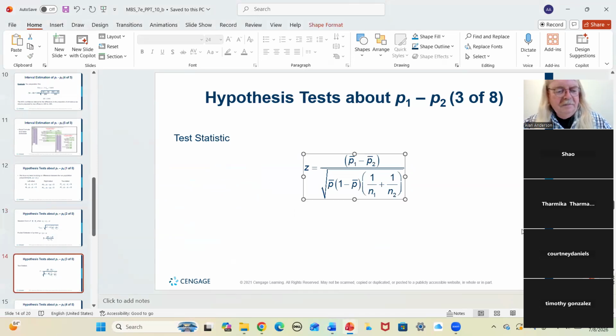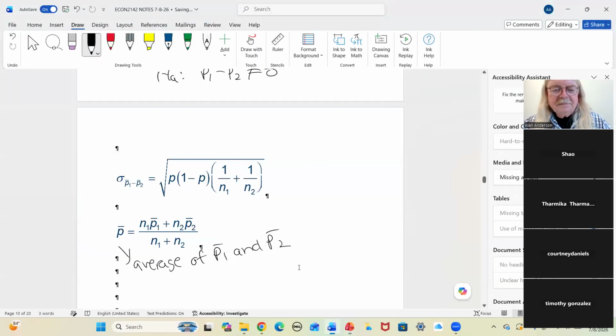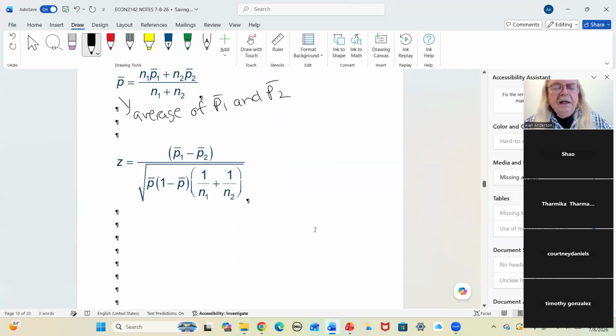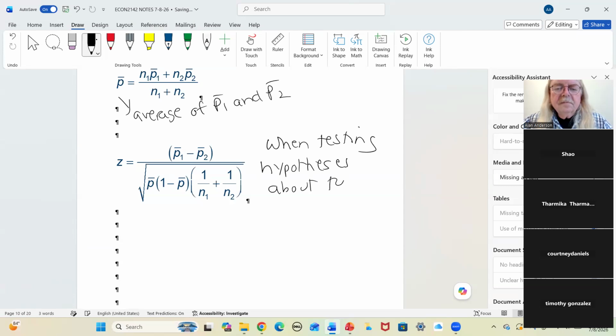For all that, here's our test statistic. Now, by the way, I just want to mention this right up front. When testing hypotheses about proportions, unlike with means, where we might use the t distribution, or we might use the z, here it's z only. Actually, this is true for one proportion too.